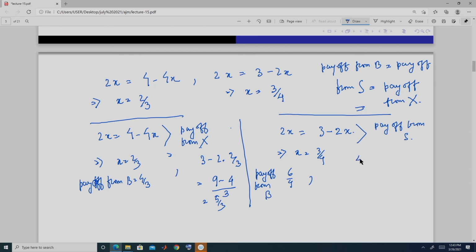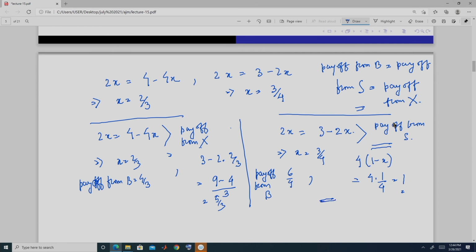So, it is 4 minus this. So, this is possible because 6/4 is greater than 1.